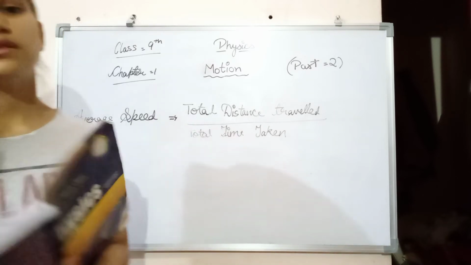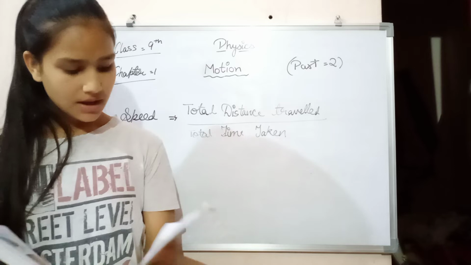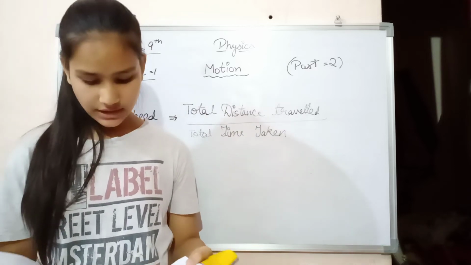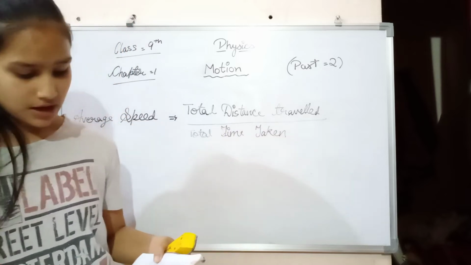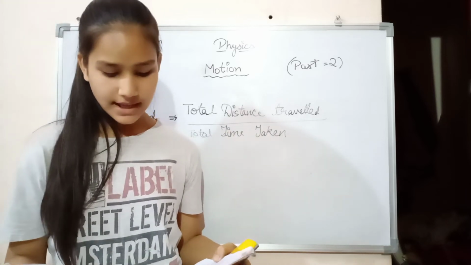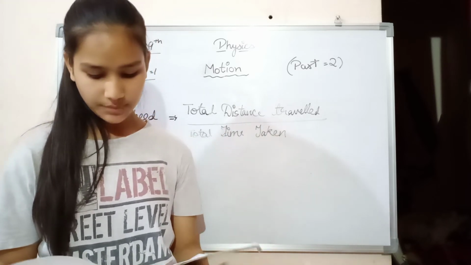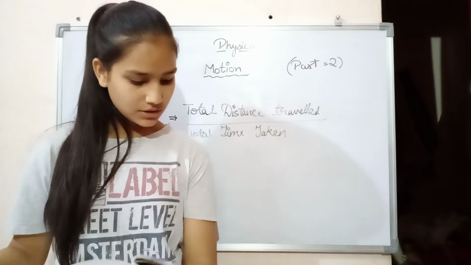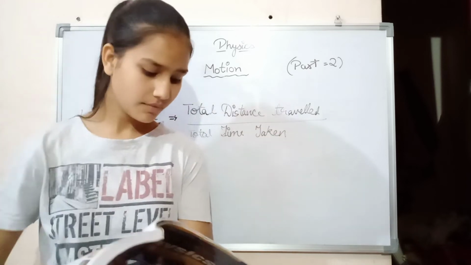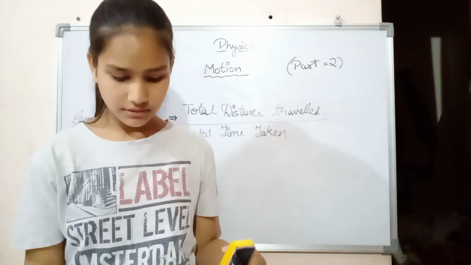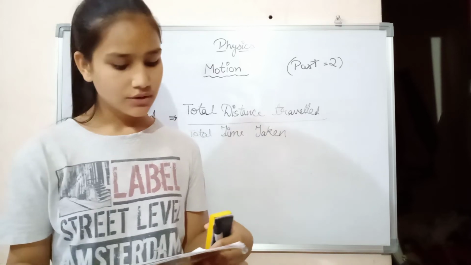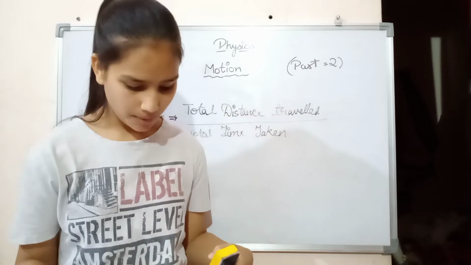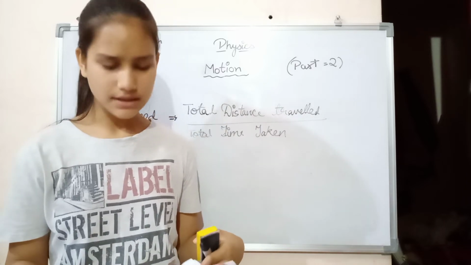So we know the formula of average speed. Now we will discuss what is actually the average speed. While traveling in a car or a bus, we have noticed that it is very difficult to keep the speed constant or same, because at many places the brakes are to be applied to slow down or stop the car due to various reasons.